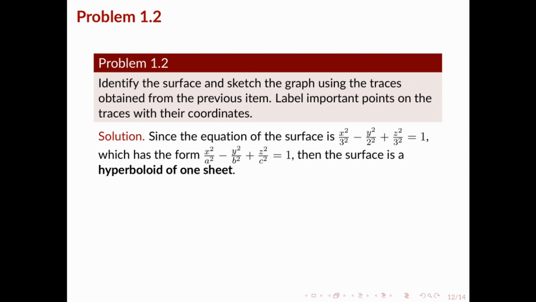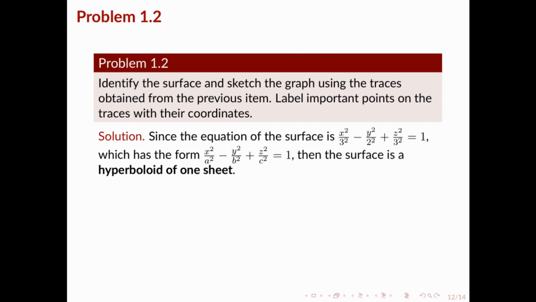This surface is a hyperboloid of one sheet, and we're going to be learning more about those and other kinds of 3D surfaces. They're called quadric surfaces, in lecture number 20, topic number 20 rather. So if you want to know more about that, please check out that video.